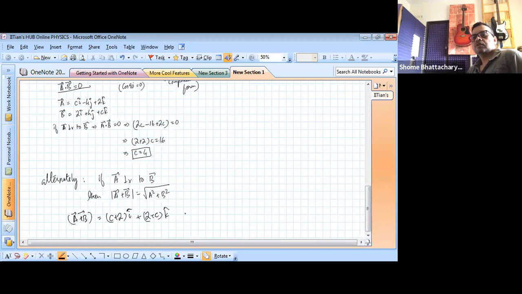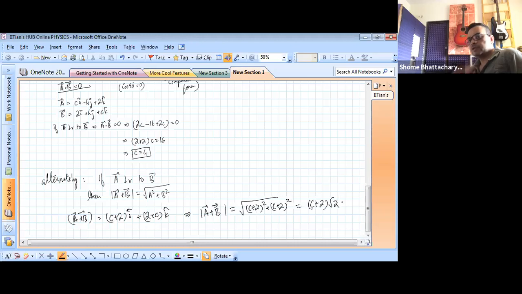So from this we'll know the magnitude of E plus B. It will be square root of C plus 2 whole square plus C plus 2 whole square. So that is C plus 2 the whole thing into root 2.